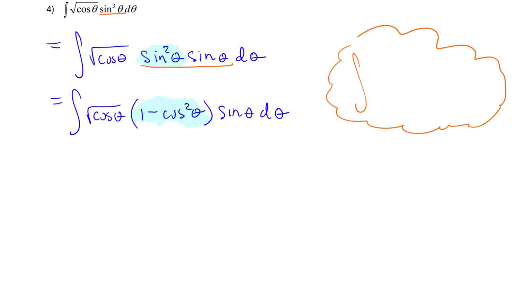If you have an integral that has some form of cosine, I'm just going to use cosine theta since that's our variable, but it doesn't really matter what the variable is.